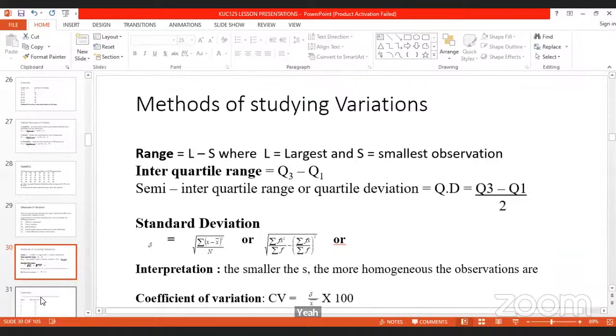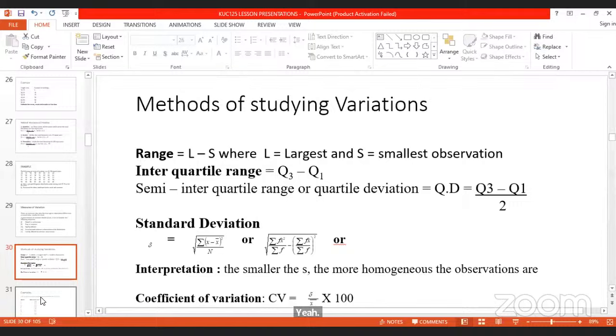The simplest is what we refer to as the range. The range is just the difference between the largest and the smallest observation. Like in the example we have been looking at, 173 and 161. That difference, the highest and the least observation, gives us the range.